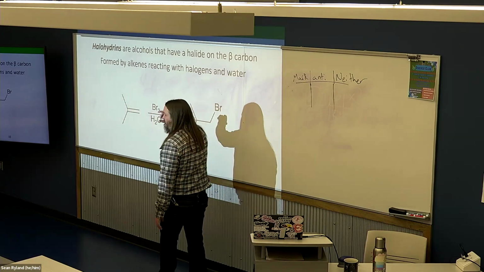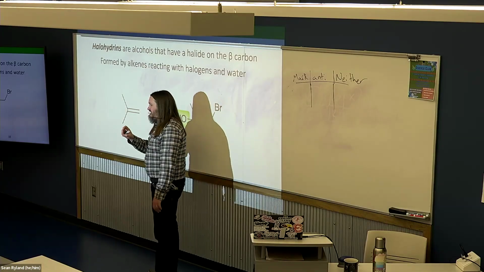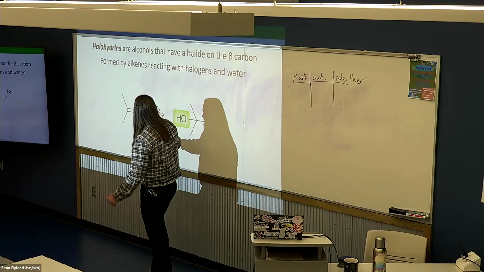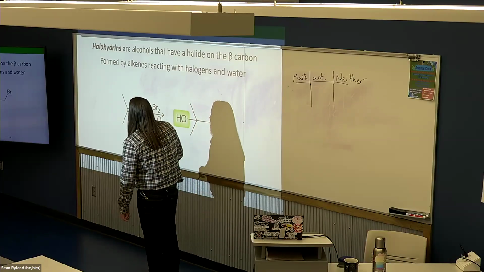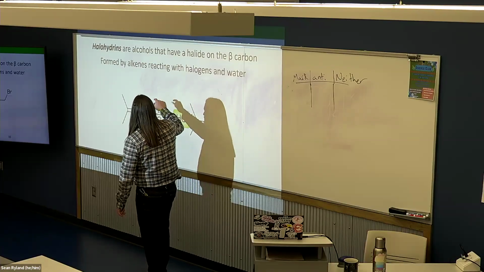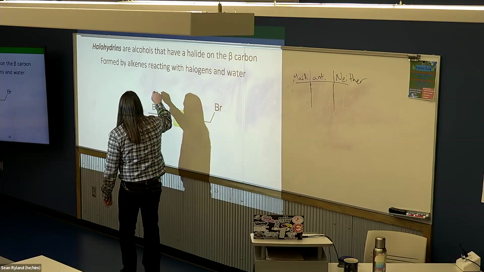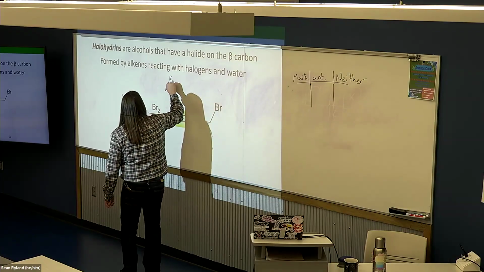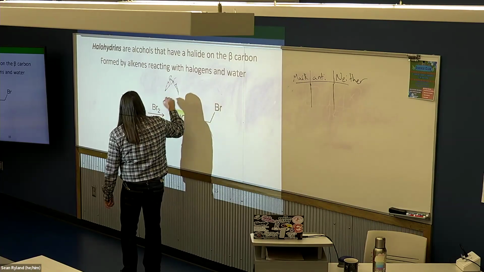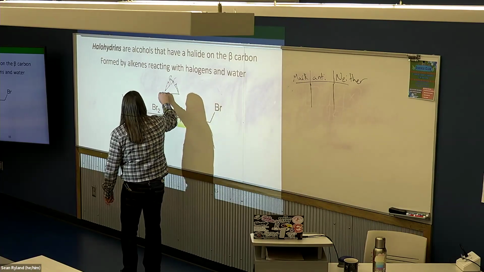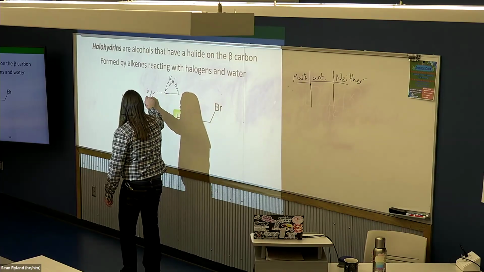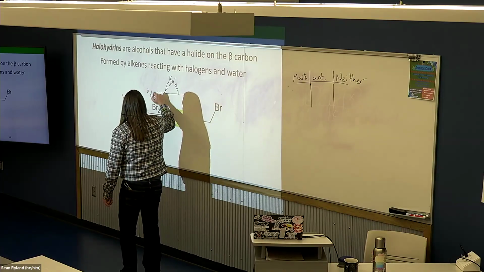So the first step is your bromine gets added. You make that three-sided ring. The second step is your water comes in to attach, right? So if this is our molecule, our first intermediate is going to look like this, and then say that CH3 into the board, into CH3.